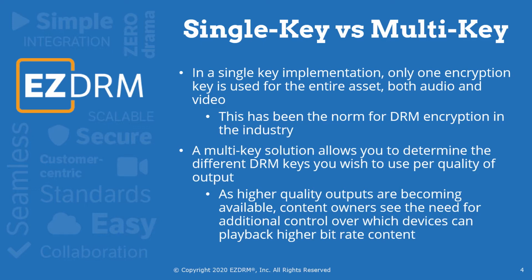As higher quality outputs are becoming more available, content owners want a more specific policy around the playback of those higher quality streams, to ensure that the content is secure and not easily misused.